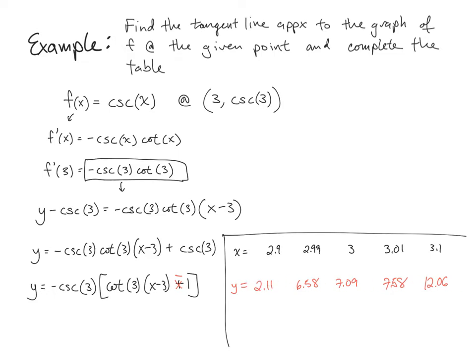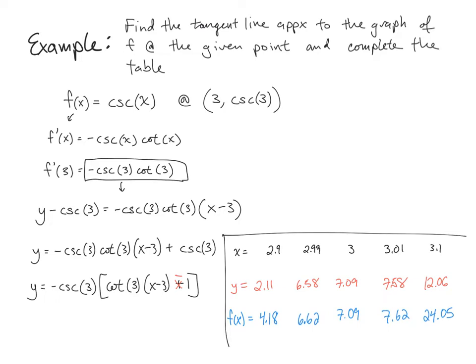Now I'm going to take all of these x values here and substitute them into the original function to see how well this tangent line approximates the actual function values. All right, here are the real values.